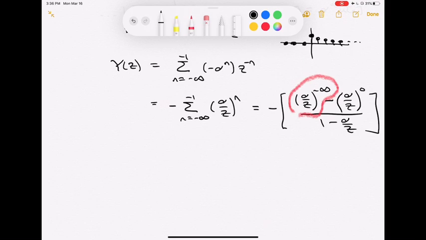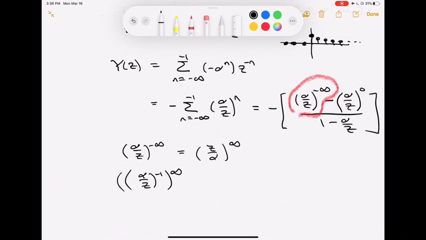I can rewrite this. I can look at alpha by z to the minus infinity as z by alpha to the infinity, because I could write alpha by z to the minus 1, then raise that to the infinity. And alpha by z to the minus 1 just gives me alpha in the denominator and z in the numerator, so z by alpha raised to the infinity.